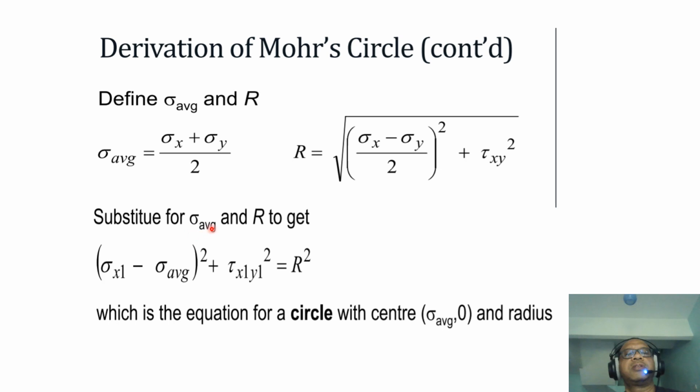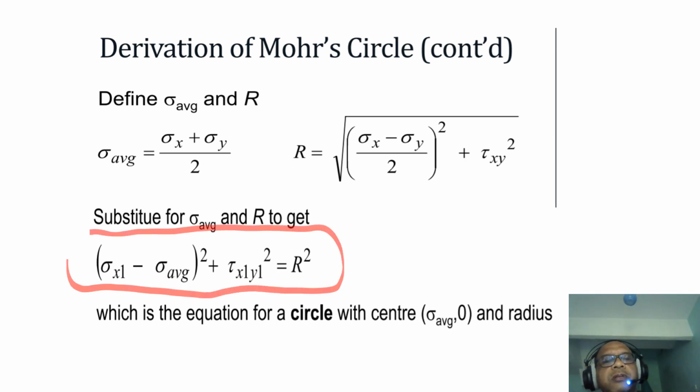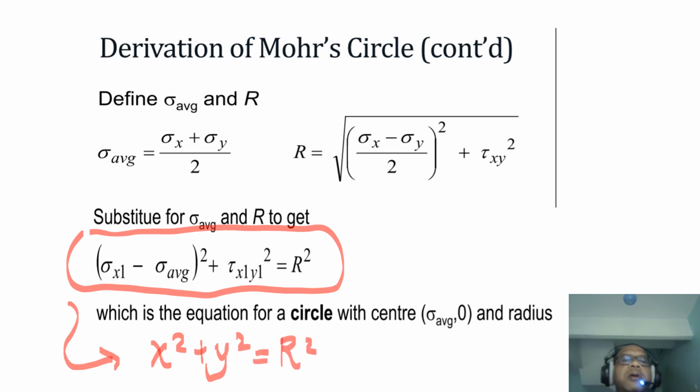We substitute the average and R to get the Mohr circle form of the equation, similar to a circle equation, x squared plus y squared equals r squared. That's the reason why they call it the Mohr circle, because this equation is in the form of a circle.